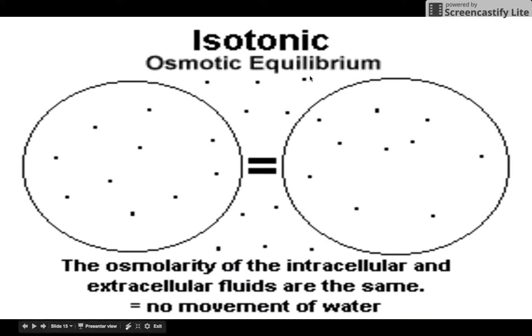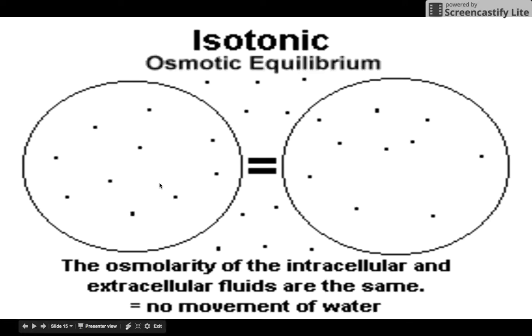But in an isotonic situation, there is an equal amount of solute or salt on both sides of the cell membrane. The salt on the inside of the cell equals the amount of salt on the outside, causing an equilibrium.